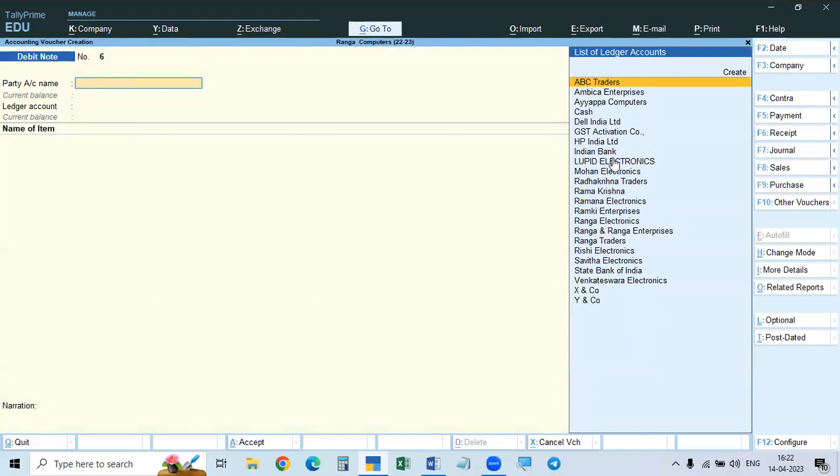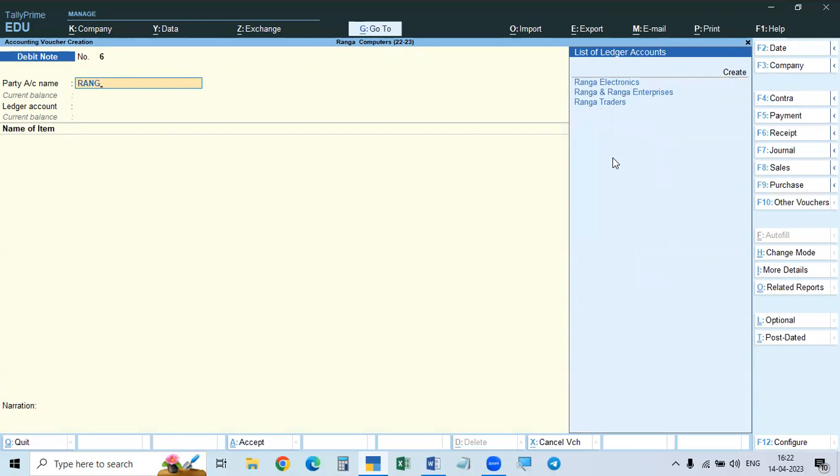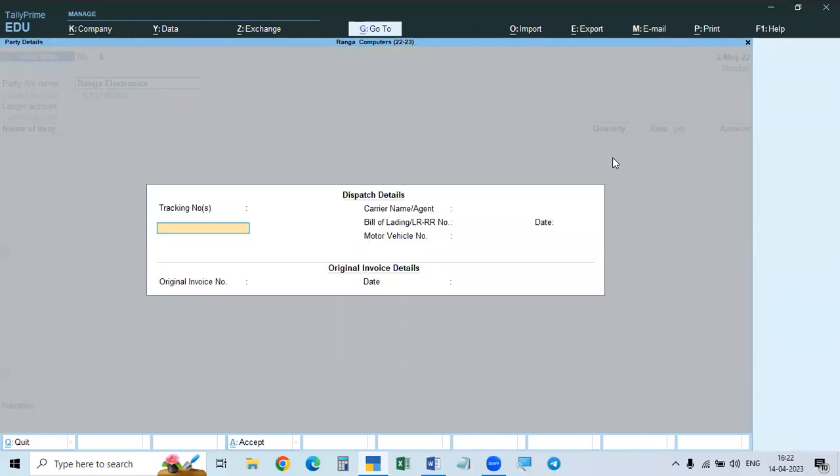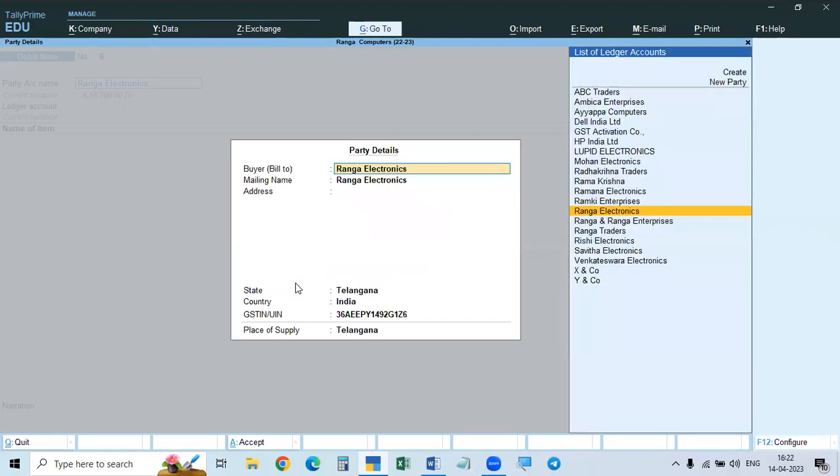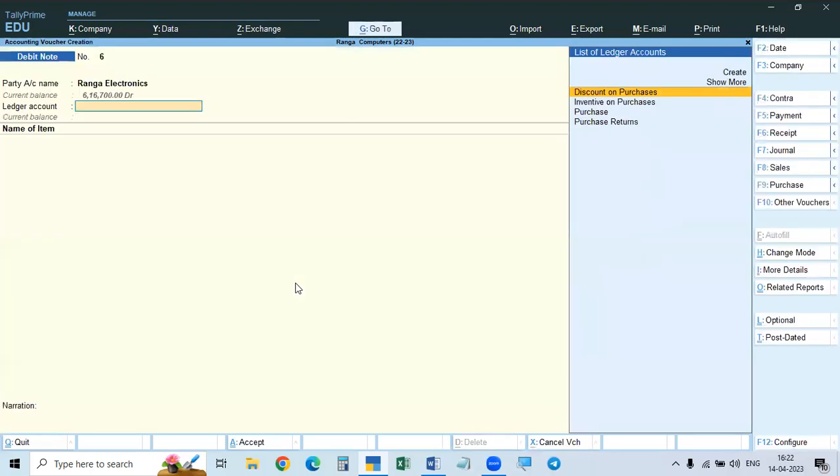So I'm taking the second, and it is Ranga Electronics. Here, what is the invoice number? The number is 13, and the date is 2nd May only. We are taking the same date and accept this.